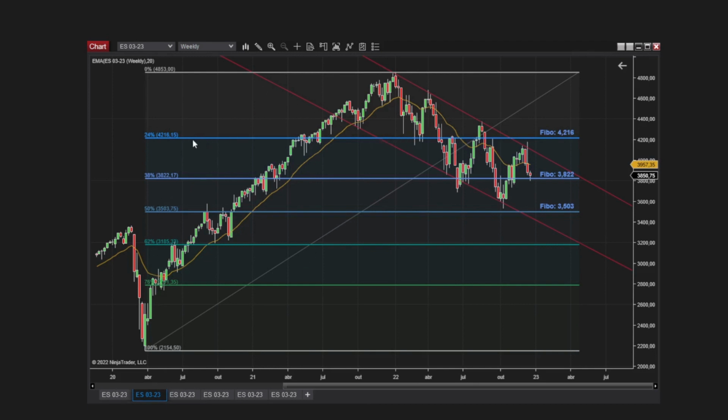That is calculated according to Fibonacci numbers and is broadly observed by the market. So if we see after tracing it here in January, we have many times that price touched it.